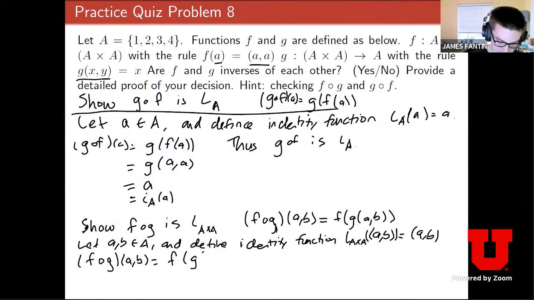What does G do? Well, G just takes the first element of the tuple, so this will be F of a. And then what does F do? Well, F takes element a and it just gives out the tuple a comma a. So this is equal to (a, a).